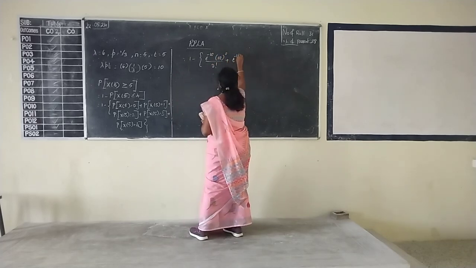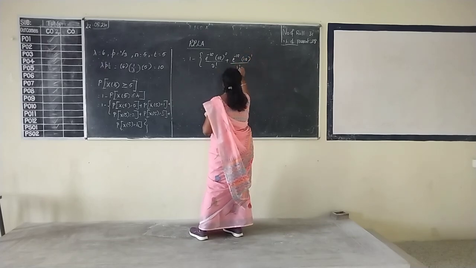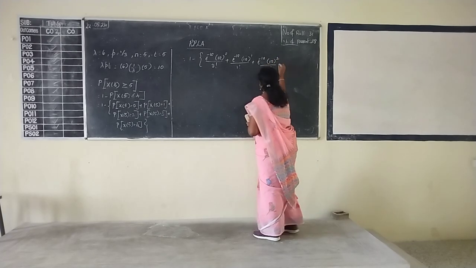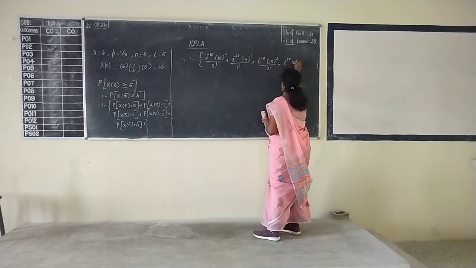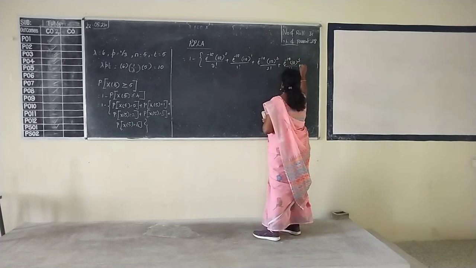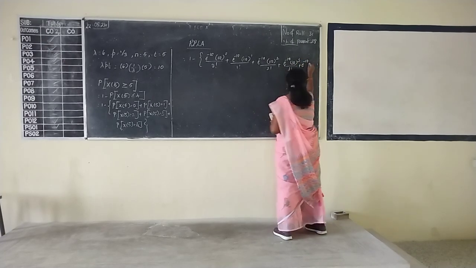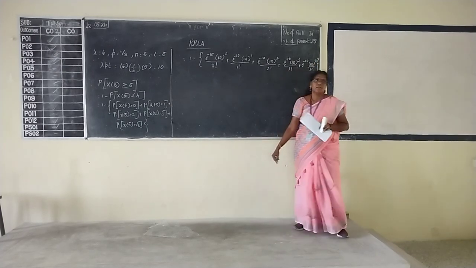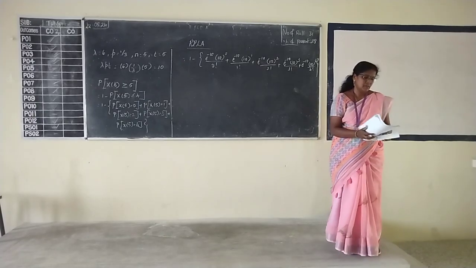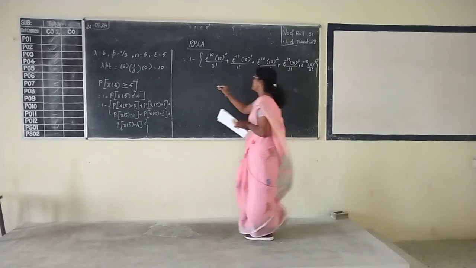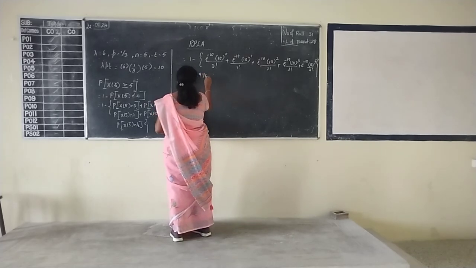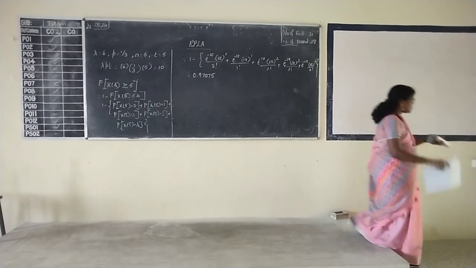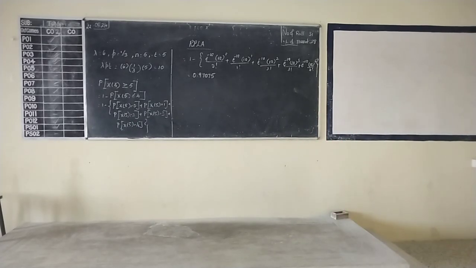Next one, e power minus 10, 10 power 1 by 1 factorial. e power minus 10, 10 square by 2 factorial. e power minus 10, 10 cube by 3 factorial. e power minus 10, 10 power 4 by 4 factorial. So you will get your answer as 0.97075.